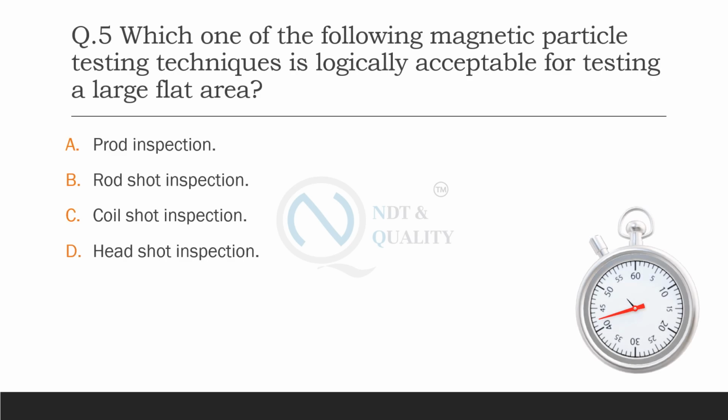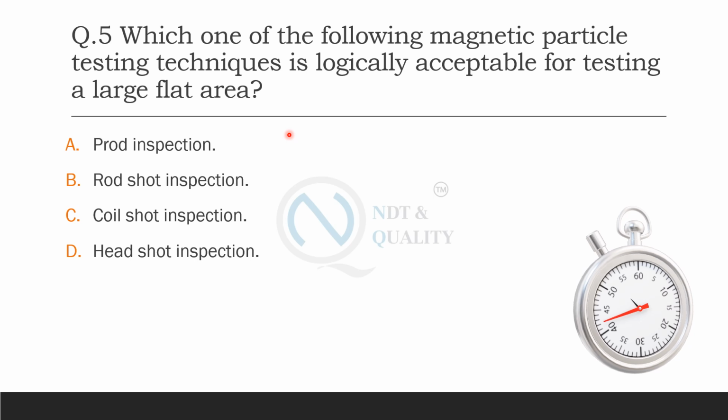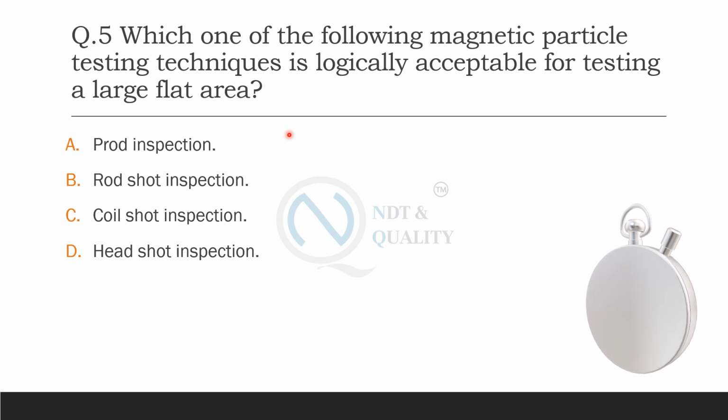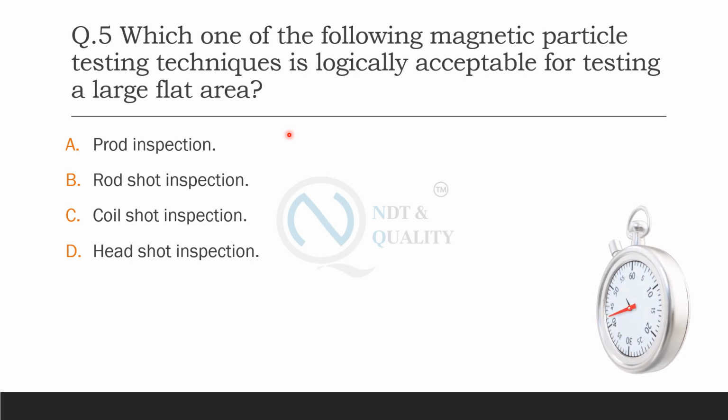Question number 5: which one of the following magnetic particle testing techniques is logically acceptable for testing a large flat area? The four options are prod inspection, rod shot inspection, coil shot inspection, and head shot inspection. We should know which inspection technique is useful for which objects.